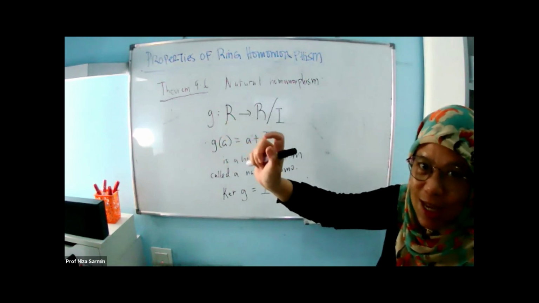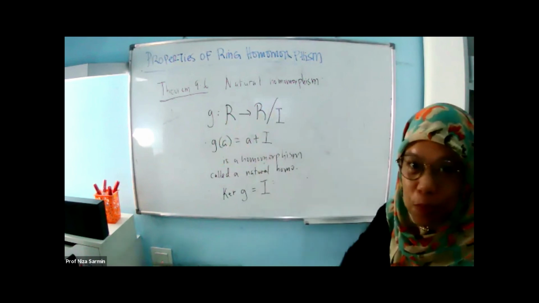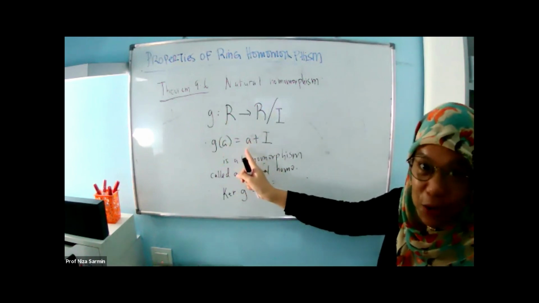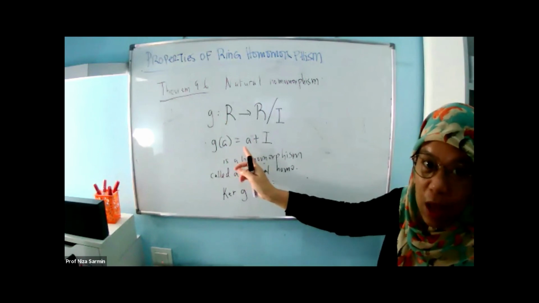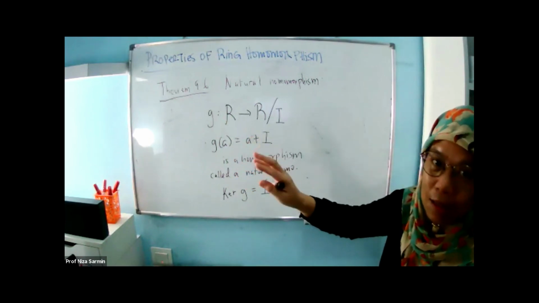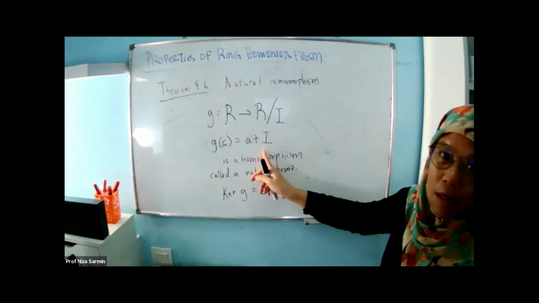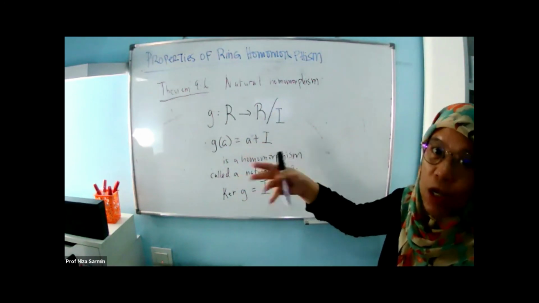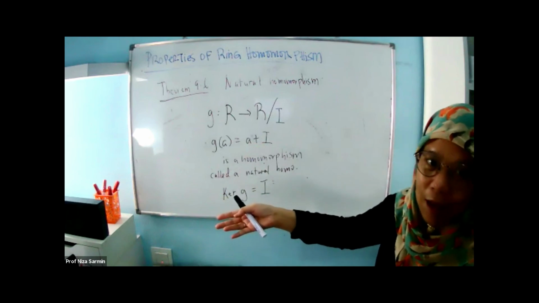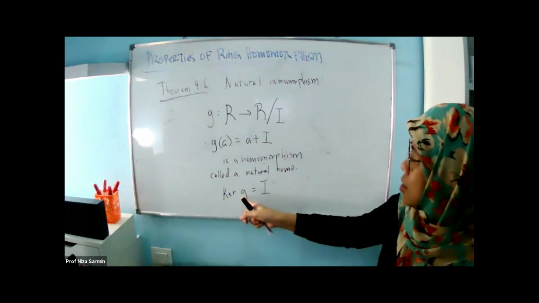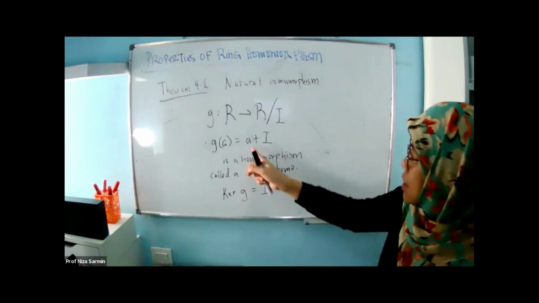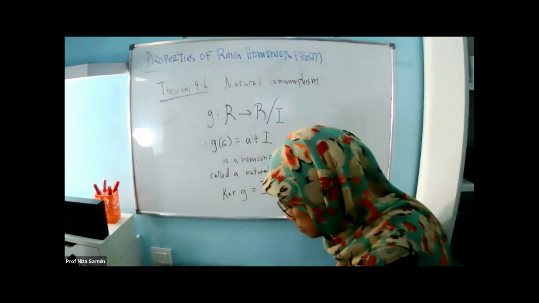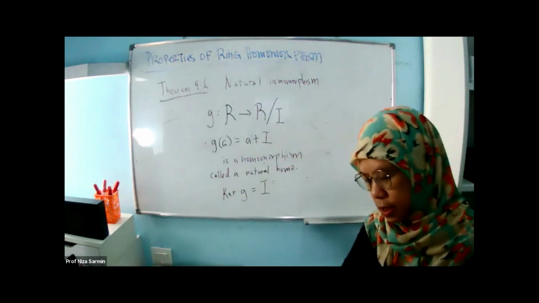And you know the 0 in a factor group, the 0 here is all elements in I. You remember the coset last time? Whatever element is in the subgroup, the coset is also in there, right? So the kernel is whatever element is in here, because this element plus this is I, right?